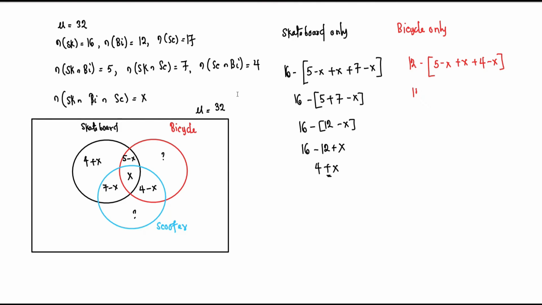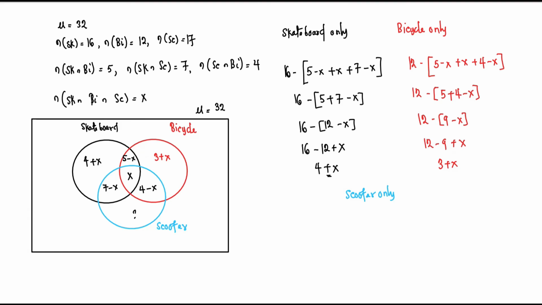So this is 12 minus, we have 5 plus 4 minus x, so 12 minus 9 minus x. This will be equal to 12 minus 9 plus x, and that gives us 3 plus x. So the number of children that own bicycle only is equal to 3 plus x. So we write this as 3 plus x. And for scooter only, so we have scooter only.